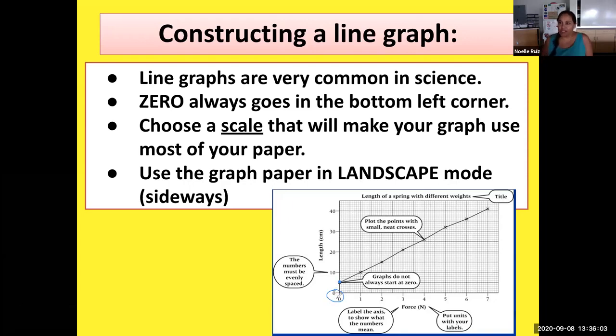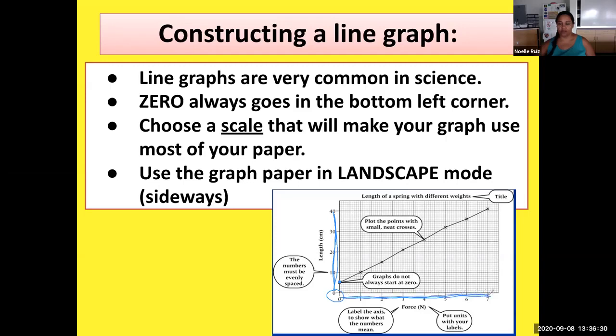And it's always a positive quadrant. It's not like math where you have the negative numbers. Some science will have negative numbers if you're dealing with temperature, but for the most part, you're dealing with positive numbers. You have to choose a scale that will make your graph use most of your paper. The scale is the numbers that go both up and down and then along the side.